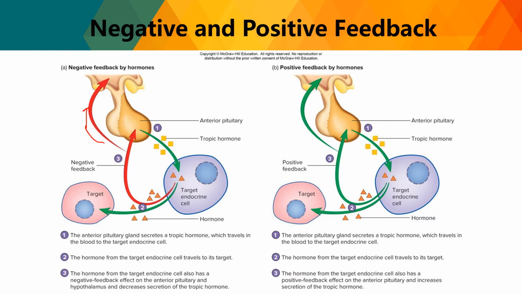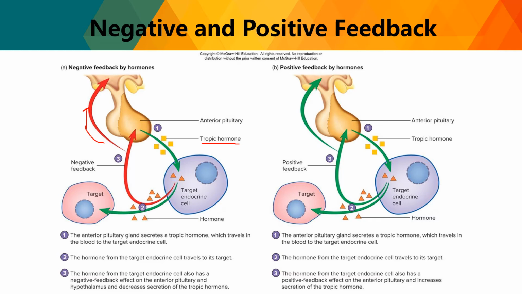So the first one here, you have the anterior pituitary gland. Kapag nag-secrete siya ng hormones, for example, the trophic hormones, of course, the hormones will be sent to another target endocrine cell. So, ang mangyayari dito sa target endocrine cell na to, magre-release siya ng sarili din niyang hormones, okay? But the release of the hormones actually do have two effects.